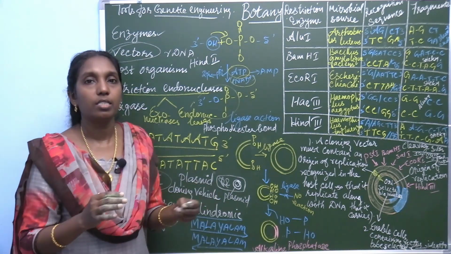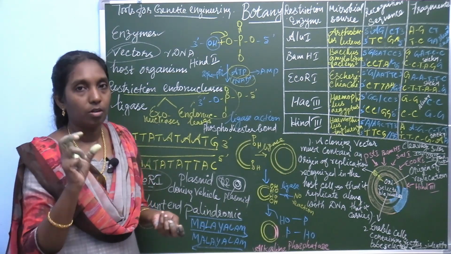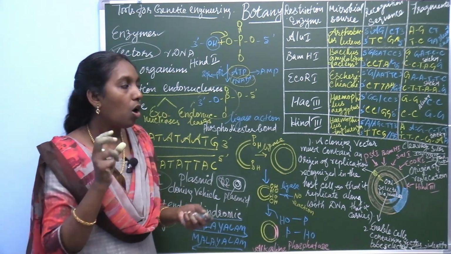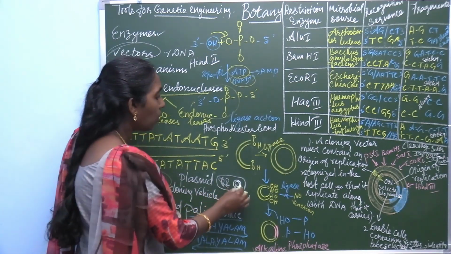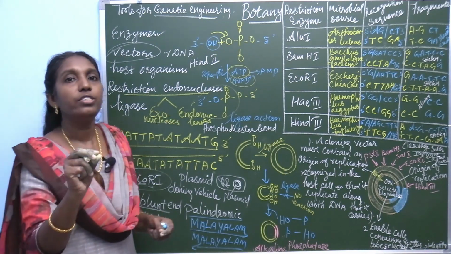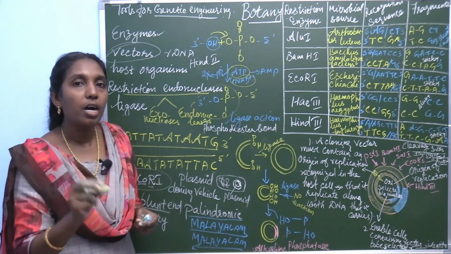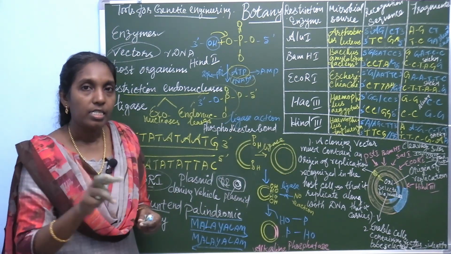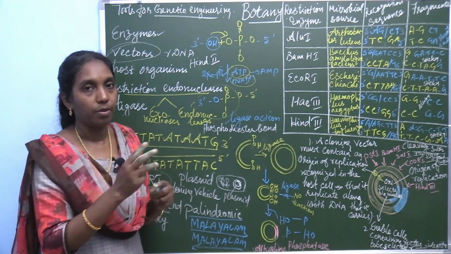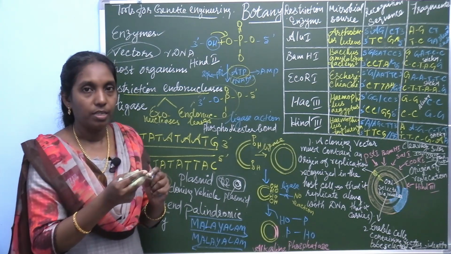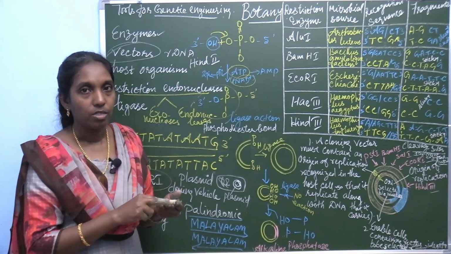Another property of a vector is that it contains an ORI region, that is the origin of replication. There is an origin of replication in this plasmid. It initiates the replication. And there is a selective marker present to identify the transformant.